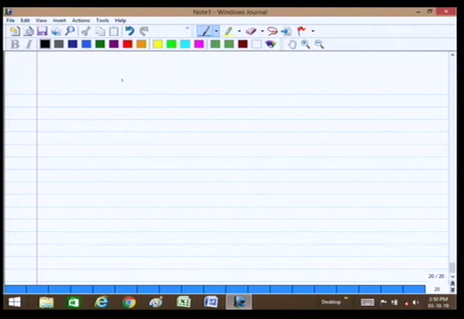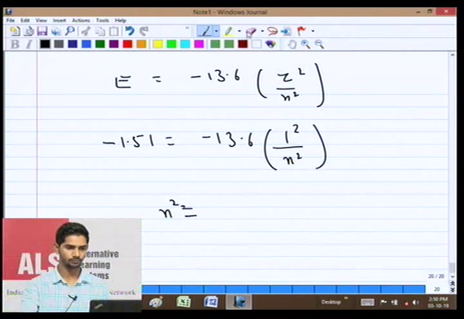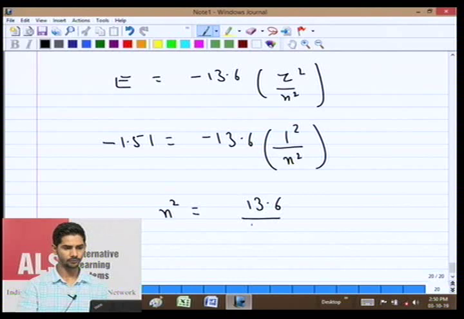See, energy is equal to what? Minus 13.6 Z square by n square. E is given to us, minus 1.51, minus 13.6. Z will be 1 for hydrogen, and we have to calculate. So n square would be equal to 13.6 upon 1.51.